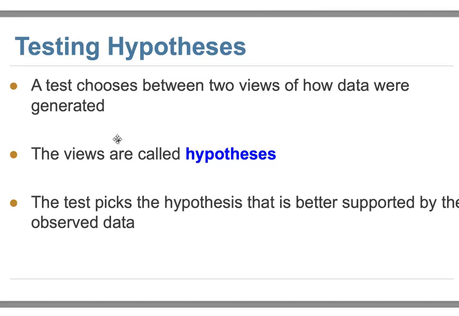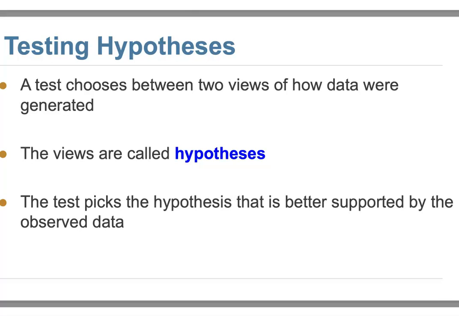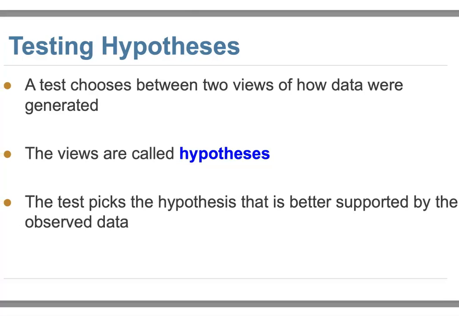The test will pick the hypothesis that is better supported by the observed data. So the most important thing when we start hypothesis testing is that we have two different points of view. Then we will see from our simulation which view is more favorable.